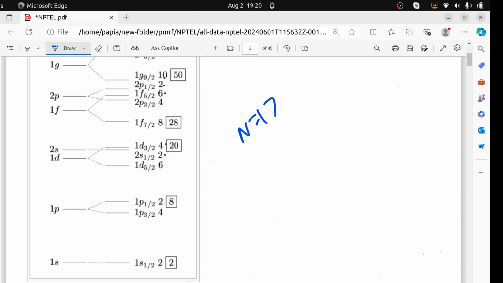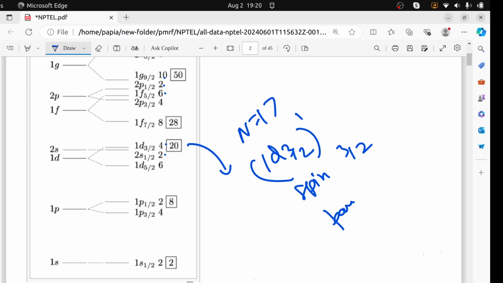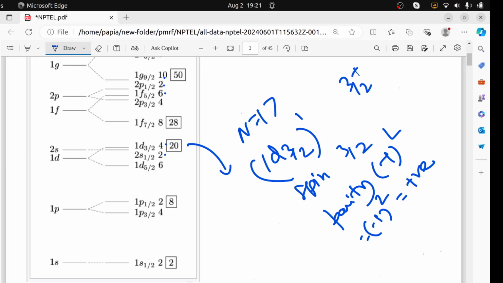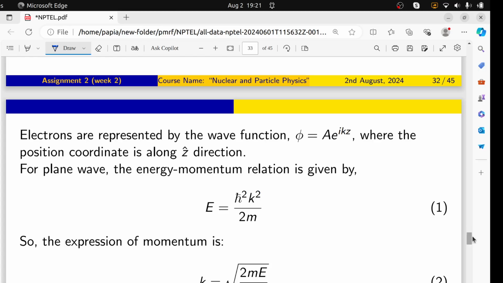After that it will come here, so this shell will be 1d3/2. So the spin will be 3/2, parity will be minus 1 to the power 2, which is positive, that means 3/2 plus. So for sulfur it is 3/2 plus.